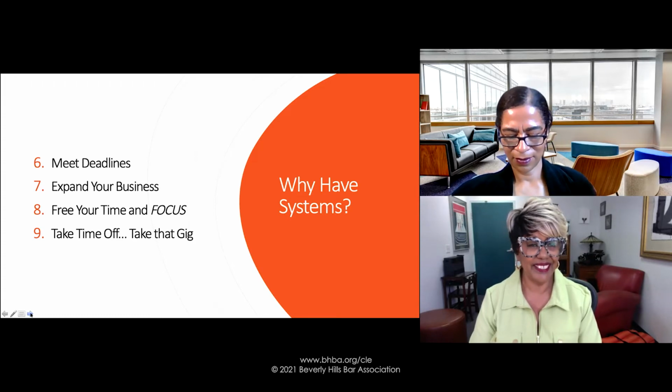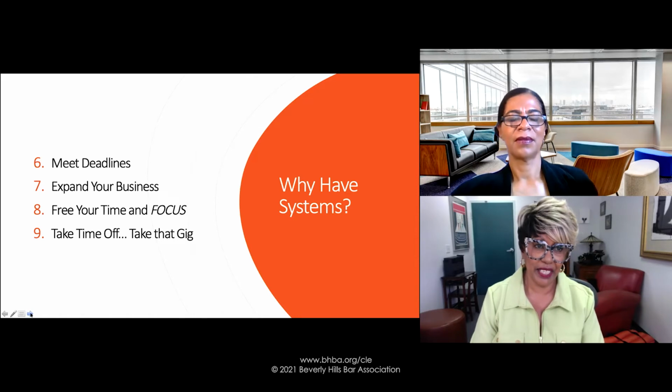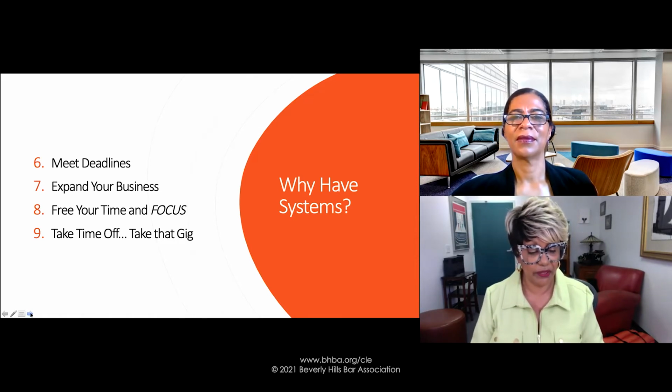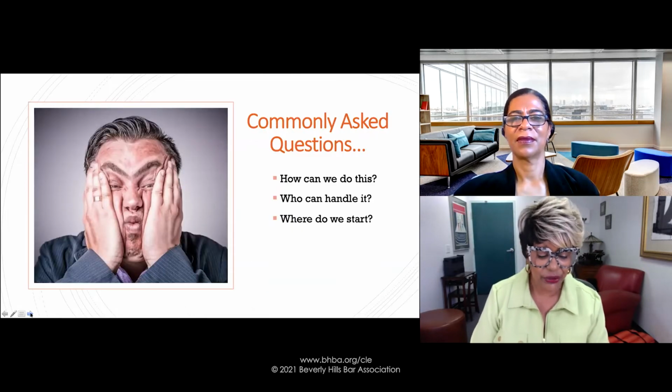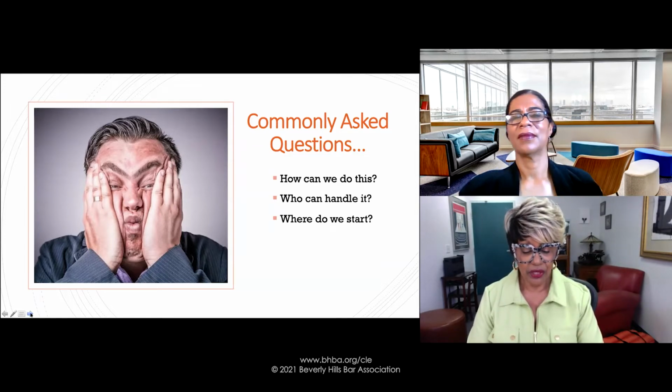And then think back on that gig that I talked about in Europe, where you're gone a couple of months. You would be able to do this by having systems in place. So now that you know the benefits of systems, how do you get started?